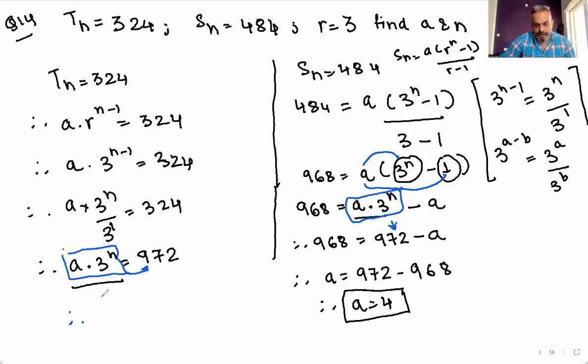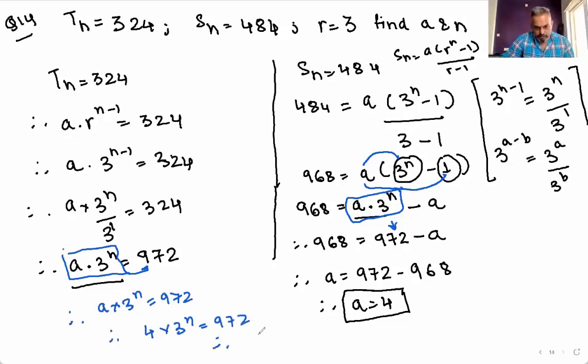Now we have to find n. So a into 3 raised to n is equal to 972. So therefore 4 into 3 raised to n is equal to 972.